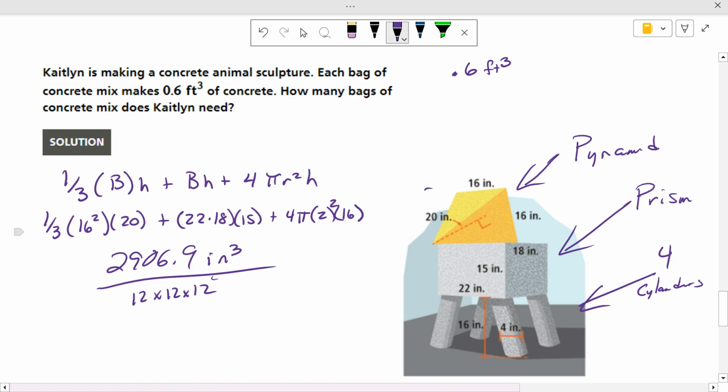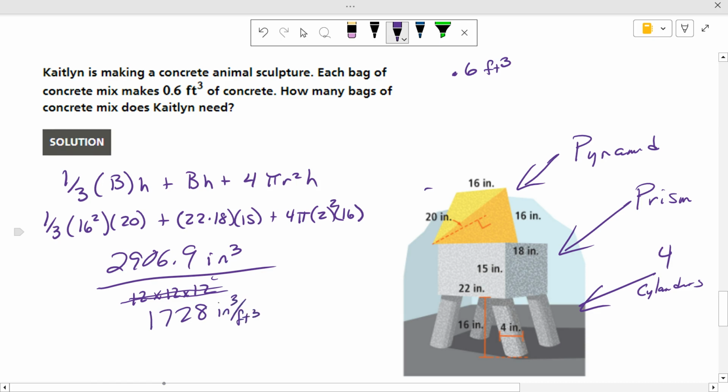So if we take 12 by 12, that's 144 times 12. That's a big number. What's 12 by 12 by 12? 1,728 inches cubed per foot cubed.